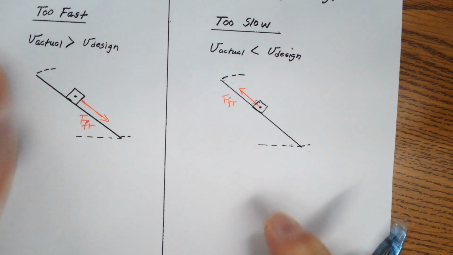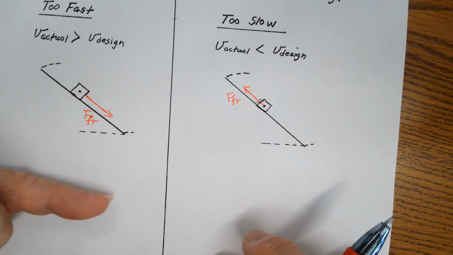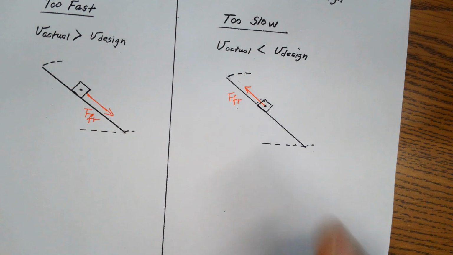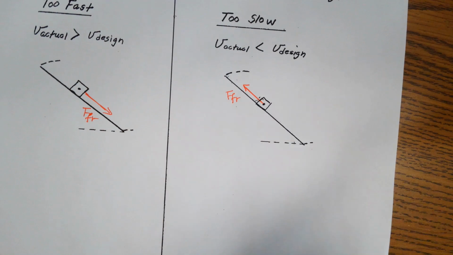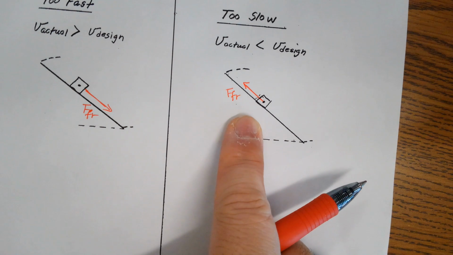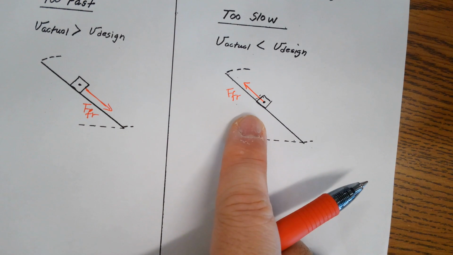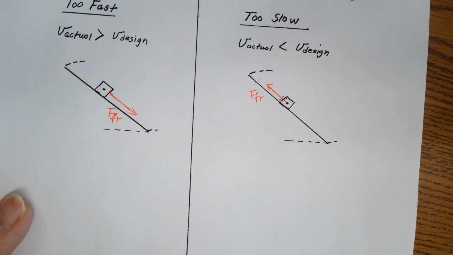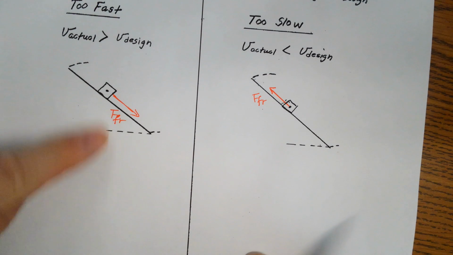So make sure you can derive the x and y equations for the scenario when it's going too fast, and the x and y equations for when it's going too slow. Practice that. I already showed you how to do this.